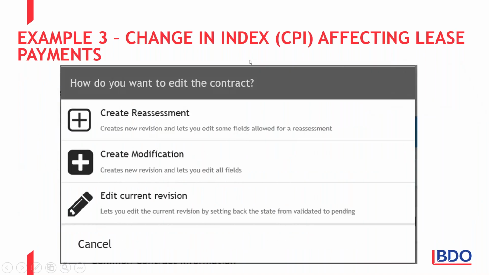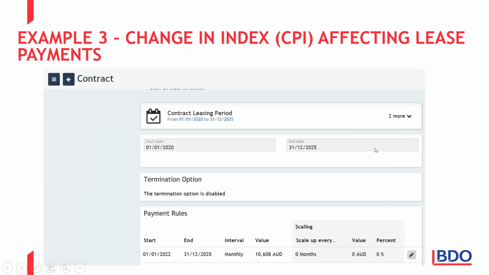Again, we have to know whether this CPI adjustment is a reassessment, modification, or a mistake, and it's a reassessment. Then we go to our leasing period and say from the 1st of January 2022 till the end of this lease term, 31 December 2025, we're now going to pay $10,608 a month.